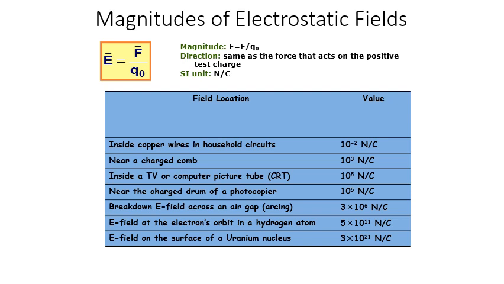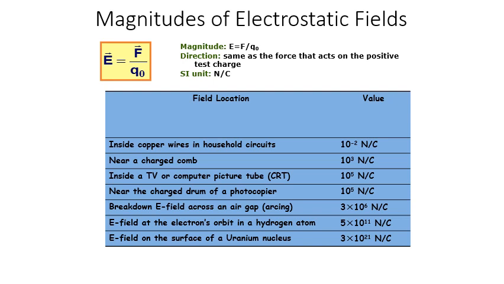If you want to study more electrostatic field than this, then it is inside a TV or computer picture tube, where you have 10 to the 5 Newton per coulomb. Near the charge drum of a photocopier it is the same. The breakdown E field across the air gap is roughly 3 into 10 to the power 6.